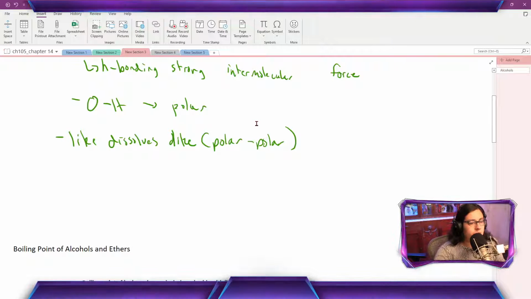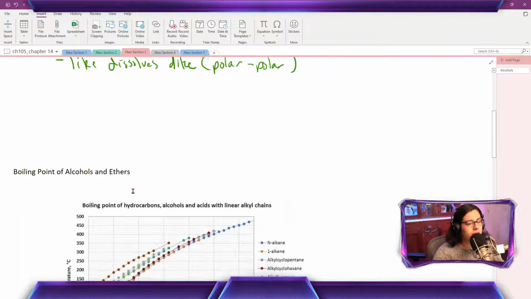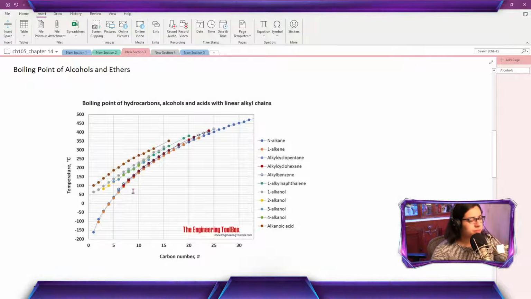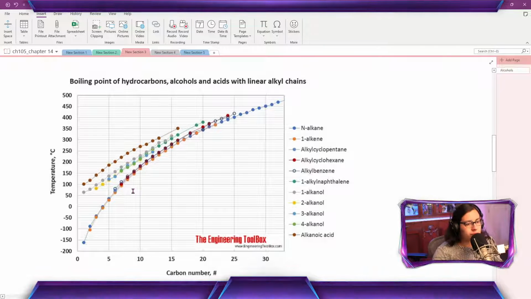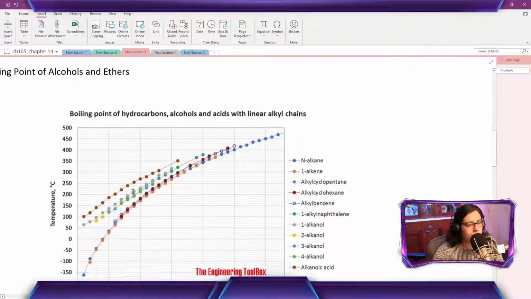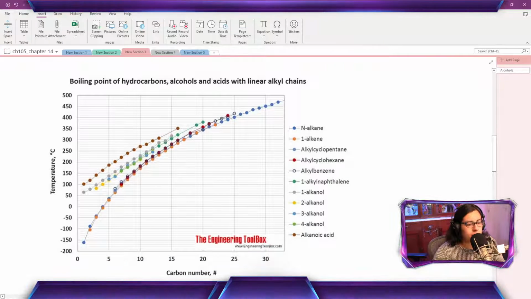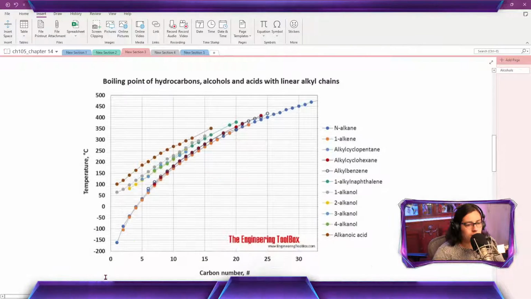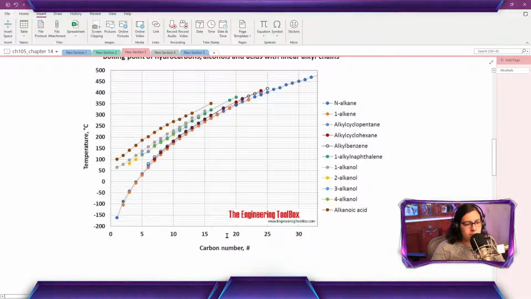And so let's look at some boiling points. Now what we're looking at is just a chart of boiling points. Boiling points are dependent on a couple of things. Of course, the size of the alcohol or whatever substance we're looking at. The larger the size, the more intermolecular forces, so that gives it a higher boiling point.